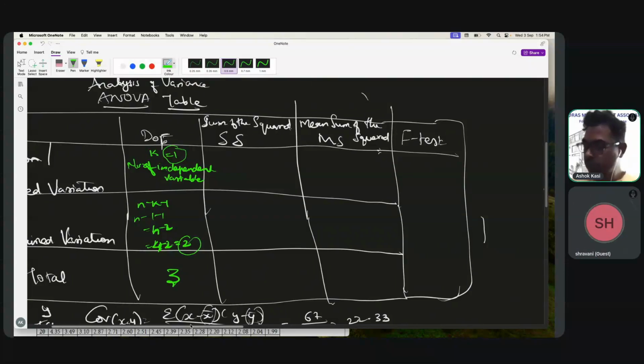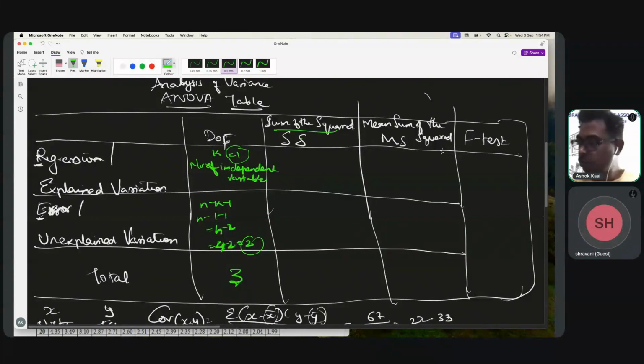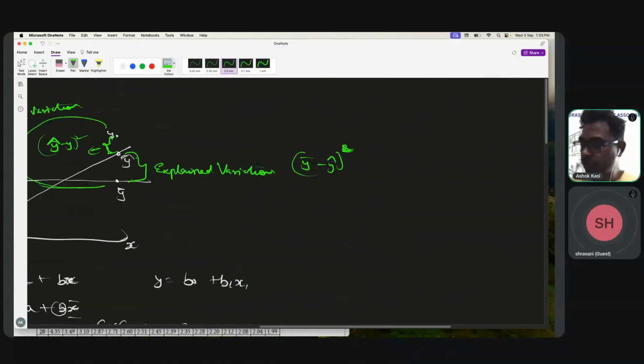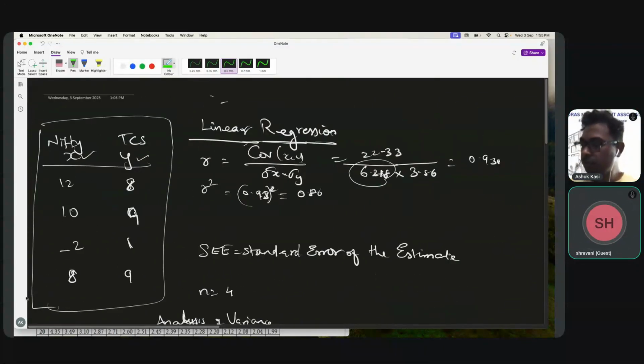Then sum of the squared regression, SSR. So that's why this R is important, SSR. SSR means explained variation. Explained variation is y bar minus y hat the whole square. That is explained variation, right? This part.